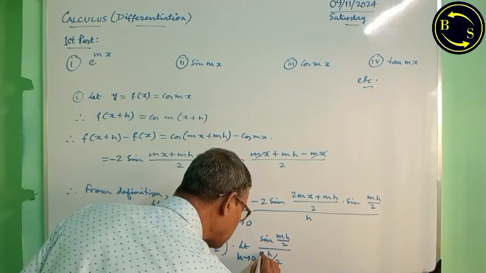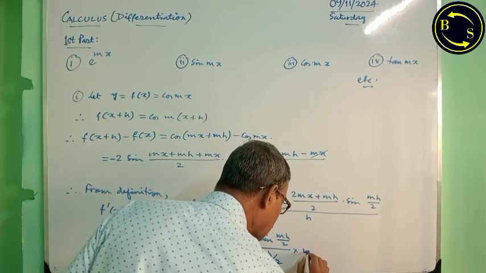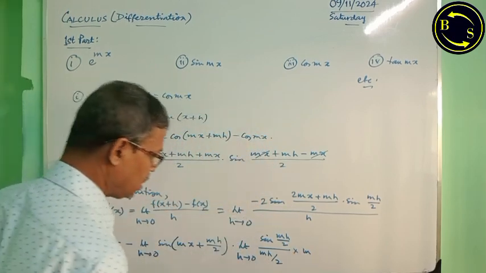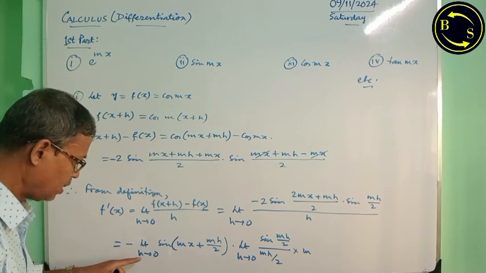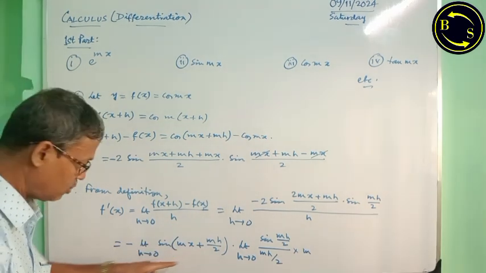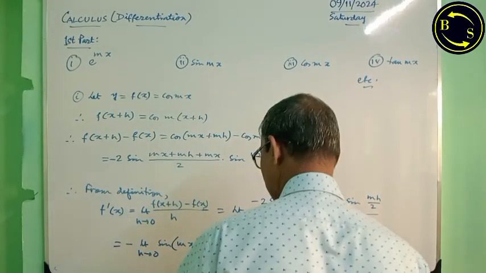To make that angle at the denominator, we multiply it by m, and for balancing m. Now this result will be, finally we have to put here h equal to 0.